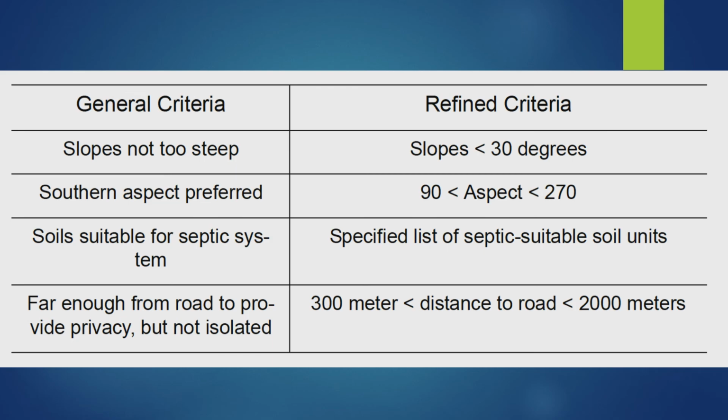Well, the first thing is to refine that criteria, to find out what they mean. What does it mean that slopes are not too steep? Well, we want it to be less than 30 degrees, because if it's greater than that, it's going to cost a lot of money to grade the landscape. Obviously, how many different categories does this produce?